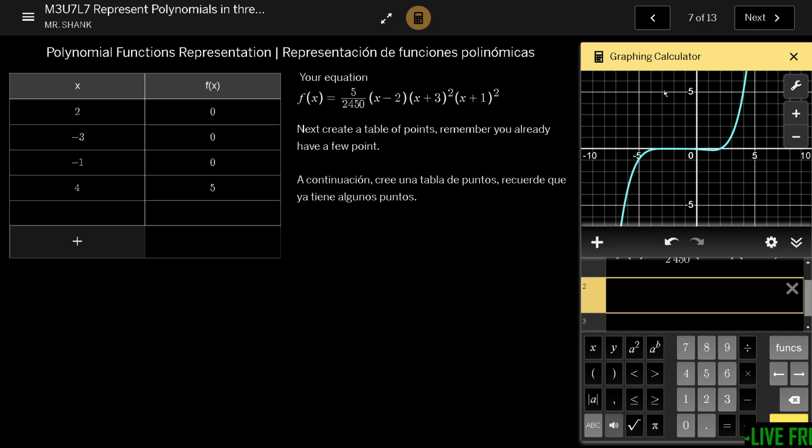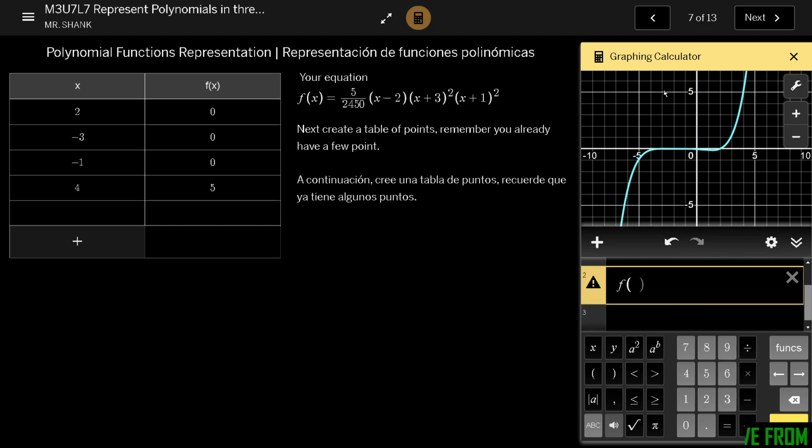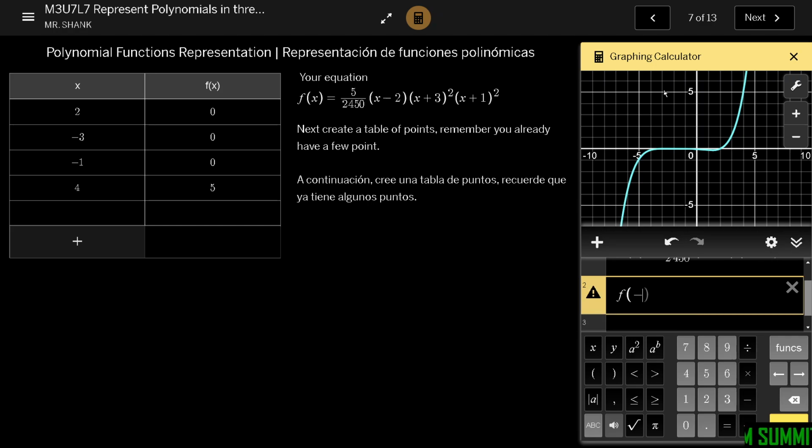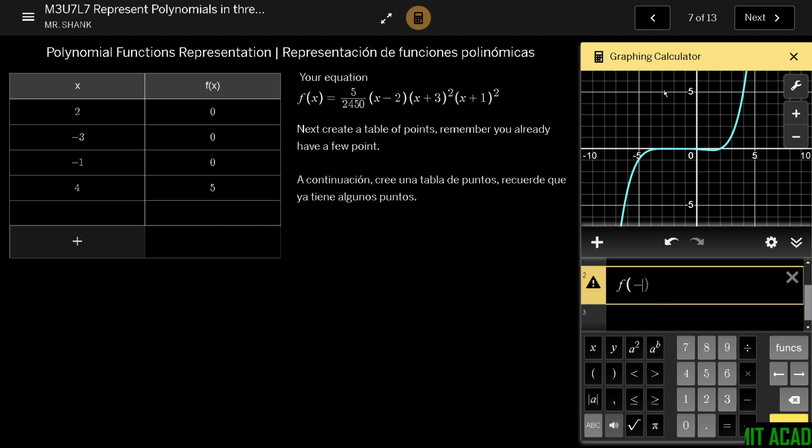So I can try some different numbers. Let's say f of, I don't know, let's say, what's 0? F of 0. Now, let's try f of 1. What about negative 2? What about 50? It's too much. What about 5?